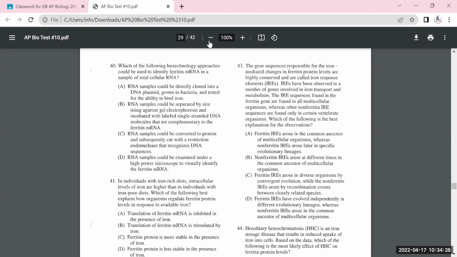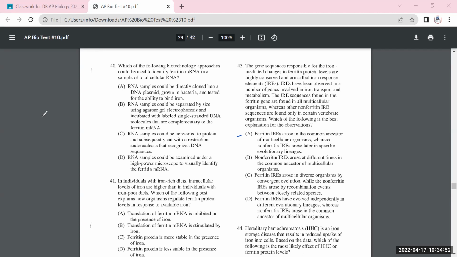Let's look at the other ones. Non-ferritin IREs arose at different times in the common ancestor of multicellular organisms. Okay, no. Non-ferritin IREs arose in diverse organisms by convergent evolution. No, already.